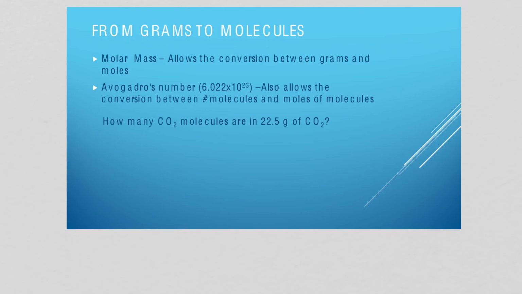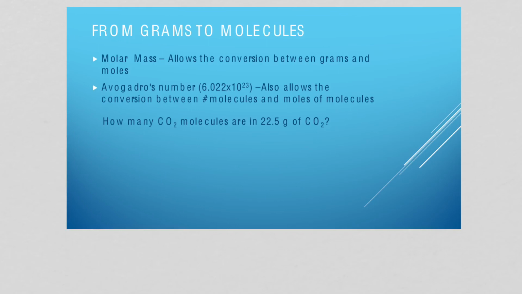Now, just like we saw with elements, the molar mass allows me to convert between grams of a compound and moles of that compound. And Avogadro's number would allow me to convert between the number of individual molecules of that compound and how many moles of molecules of that compound I have.